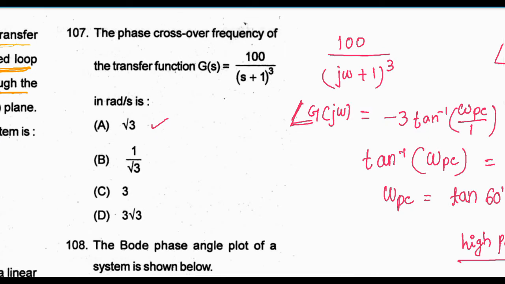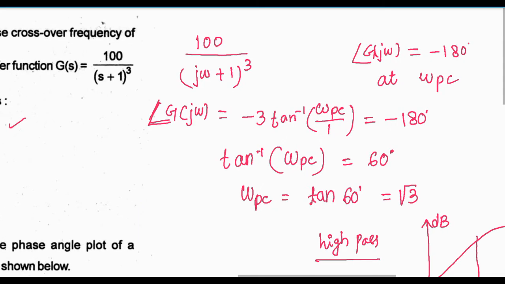The phase crossover frequency of the transfer function G(s) equal to 100 by (s plus 1) whole cube, in radian per second, is. So here what is given? 100 by (j omega plus 1) whole cube is given.